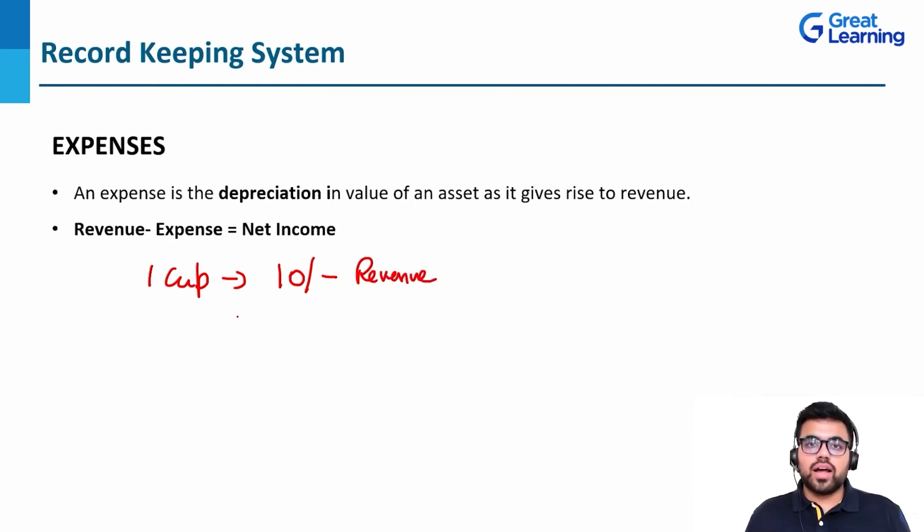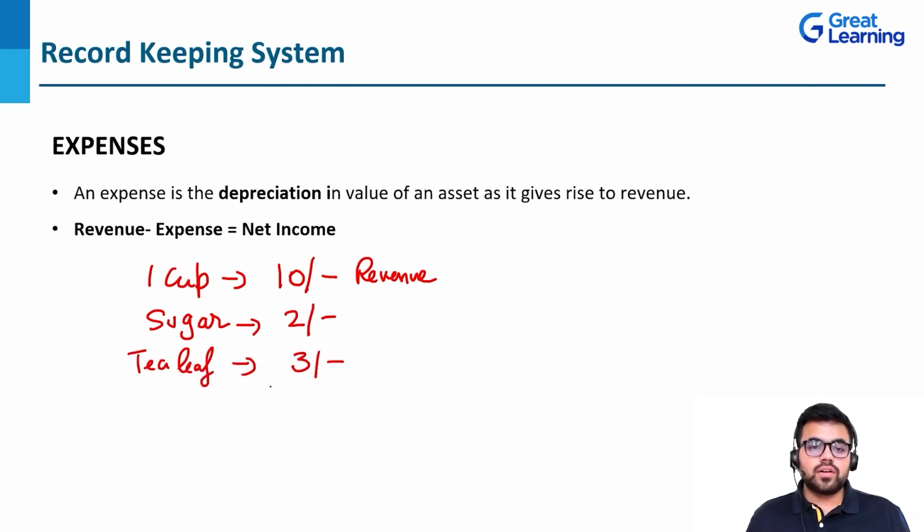You would also have certain expense in it. Like to make a cup of tea, you would need what? Sugar. Let's say in a cup of tea, it is rupees 2. You would need tea leaves. That would be rupees 3. And milk would be, let's say, 1 rupee.